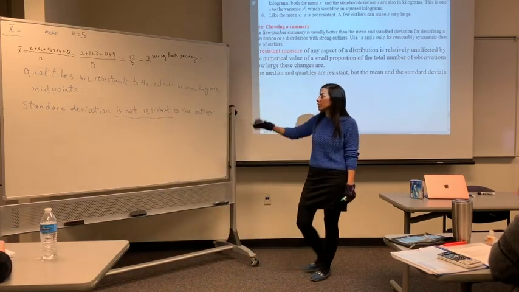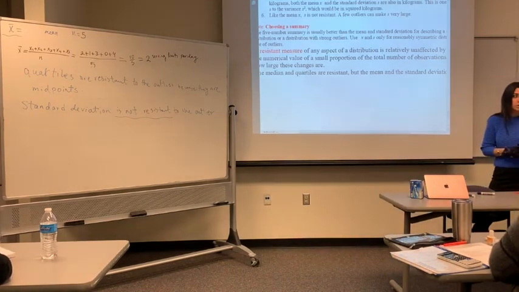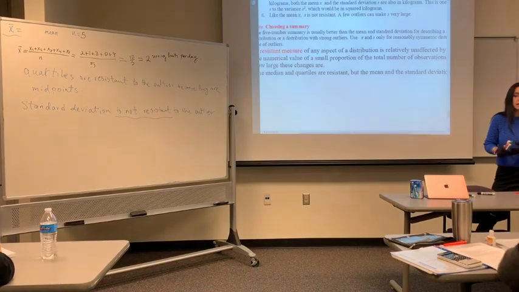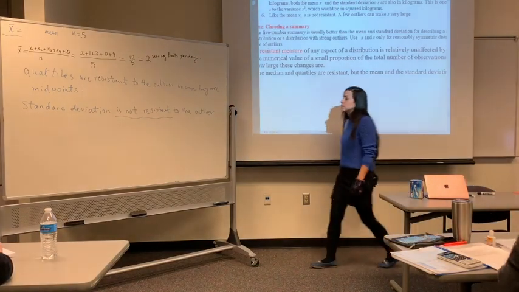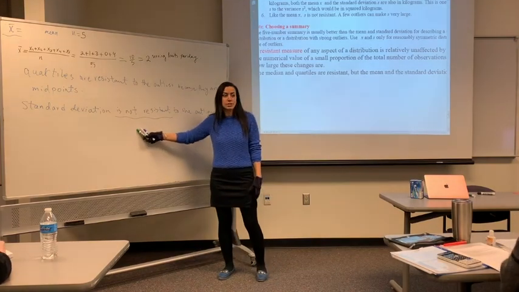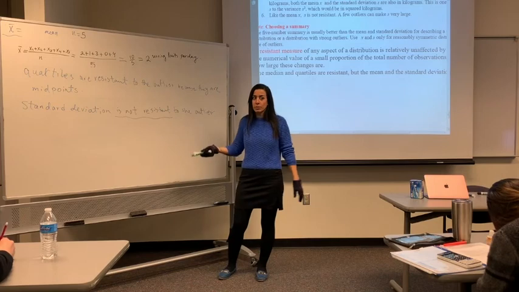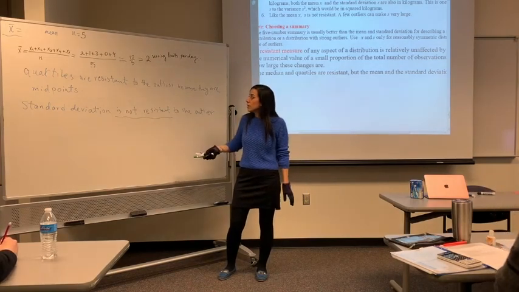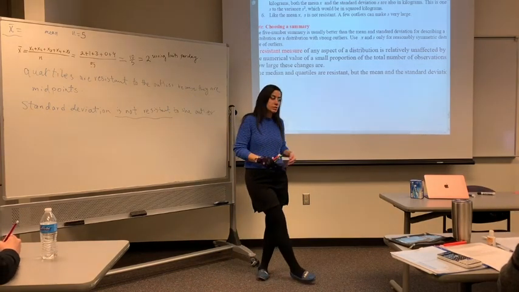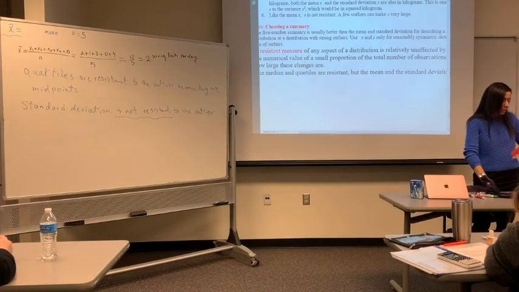So you can even complete this, because we talked about measures being resistant or non-resistant, and say standard deviation is not resistant because it changes a lot, because it's a summation. You can add all the information you know. And here, because it's a midpoint, it doesn't get affected by the outlier.